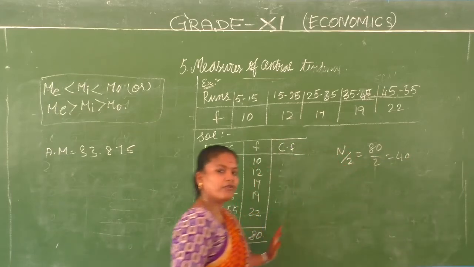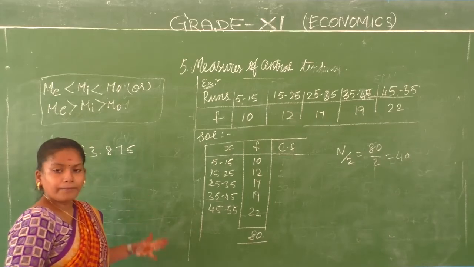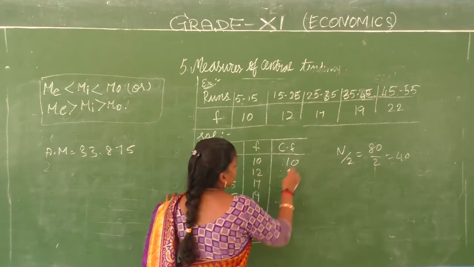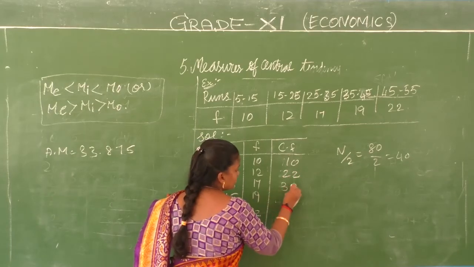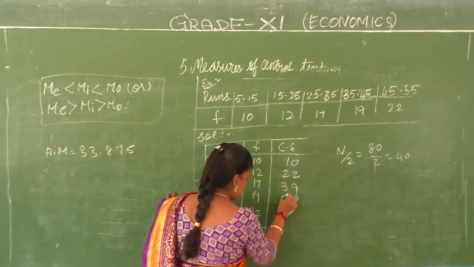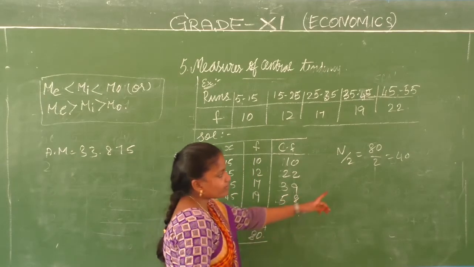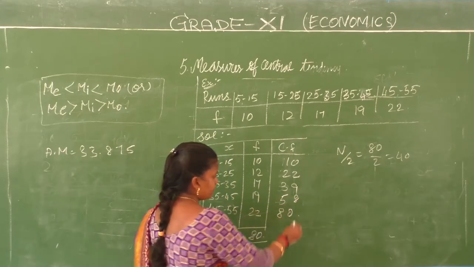So wherever 40 applies, that particular class is called your median class. Isn't it? So we are going to find that. 10, 12 plus 10, 22, 17 plus 22, 39, 39 plus 19, 58, 58 plus 22. Got it? Now what value do you want, children? 40. Where is 40's value? Here.